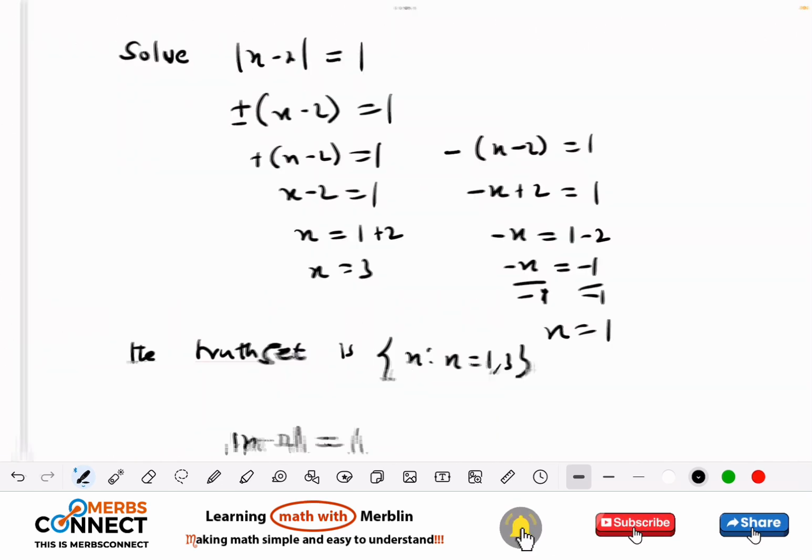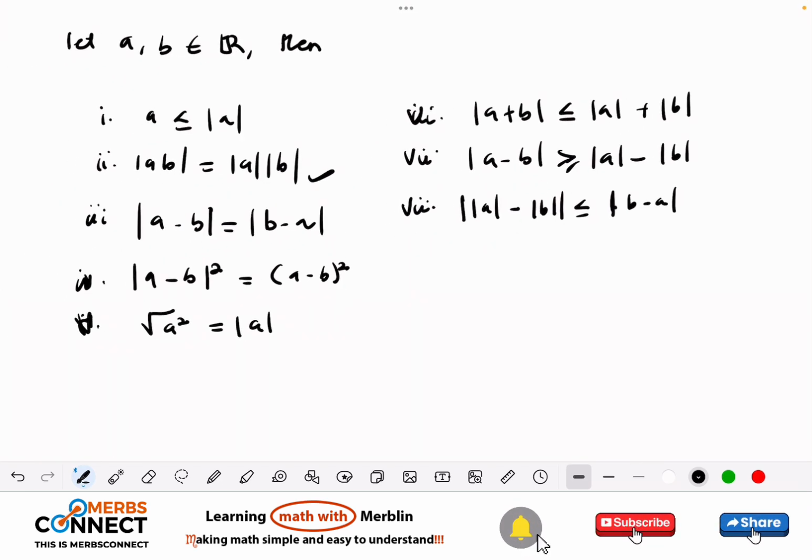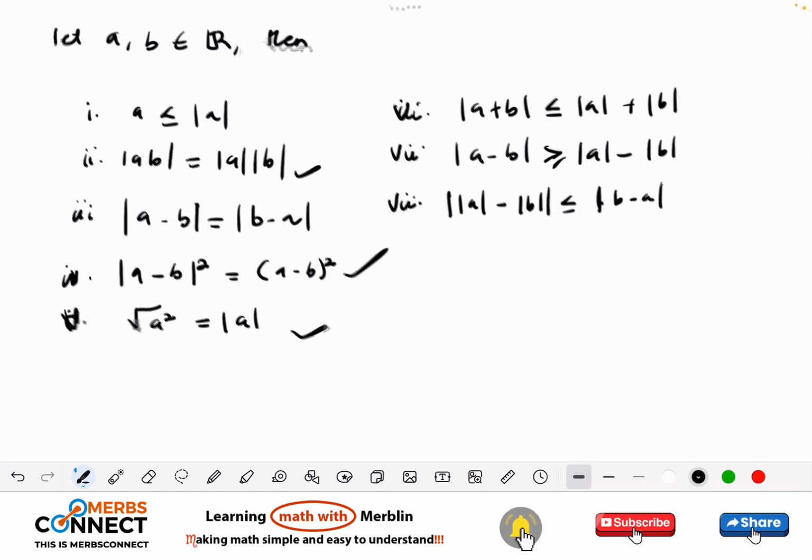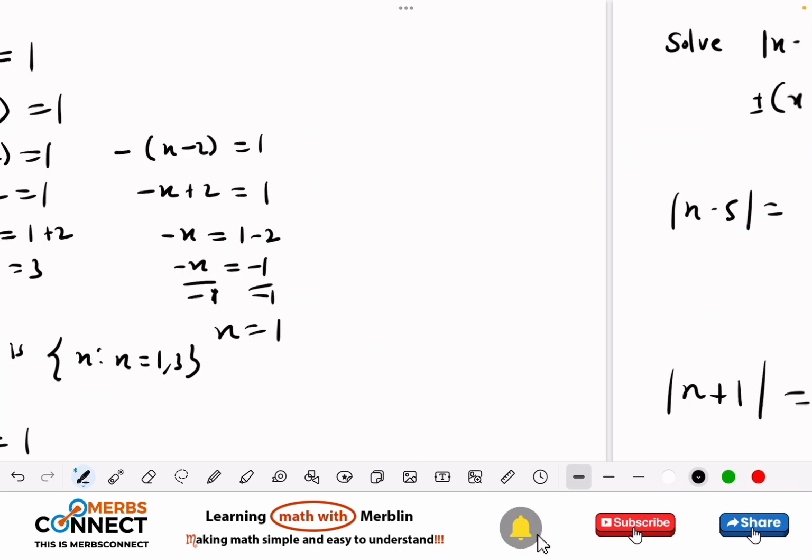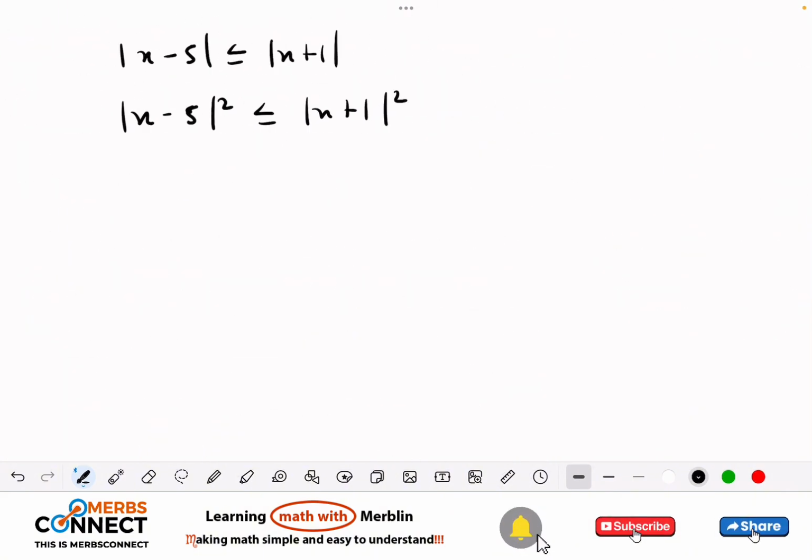Now let's look at one property that we saw. We saw that if we have an absolute and a squared, we can just change the absolute and use this one. So don't forget, we are going to use this one a lot. So it means that this can be written as x minus 5 squared, because the square would actually make the negative positive.